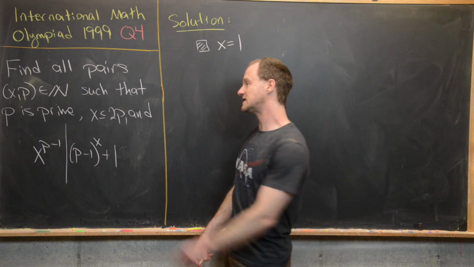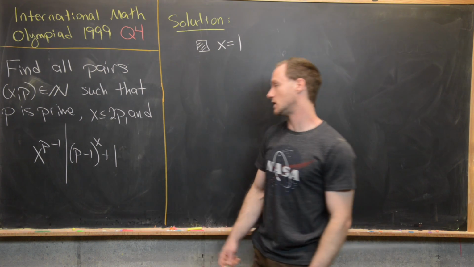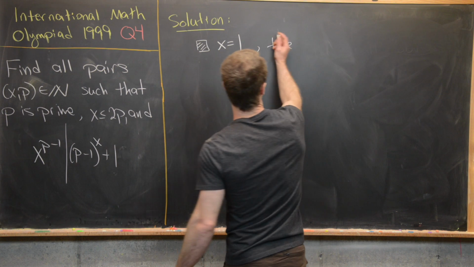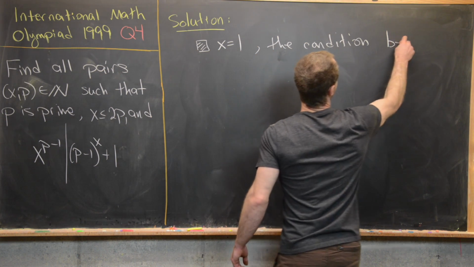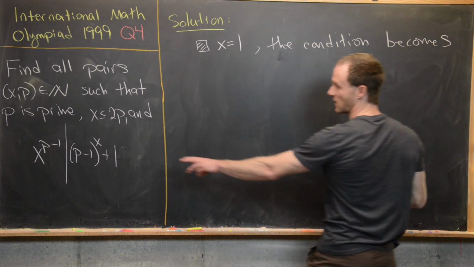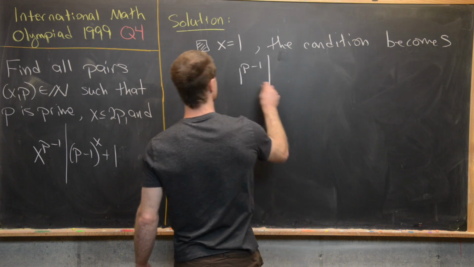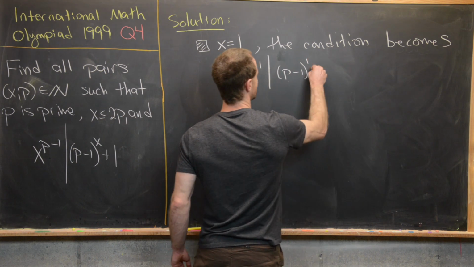If x is equal to 1, then this condition collapses a lot. So let's look at this condition. It becomes the following: x to the p minus 1, so that's 1 to the p minus 1, divides p minus 1 to the x plus 1.